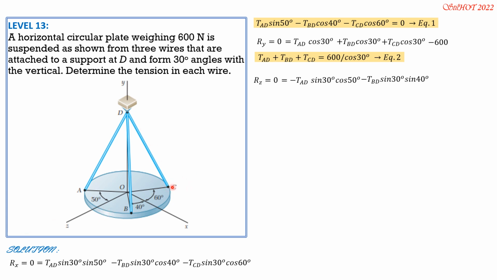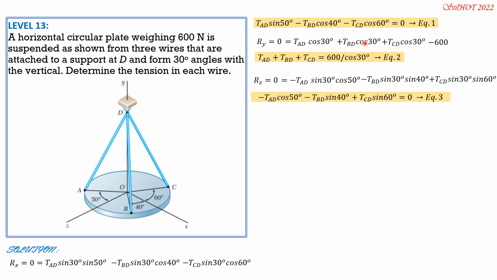Tension CD sine 30, and opposite to 60, so sine 60. Positive. Tension CD sine 30, sine 60 degrees. So divide everything by sine 30, which simplifies to negative tension AD cosine 50, negative tension BD sine 40, then positive tension CD sine 60 equals 0.